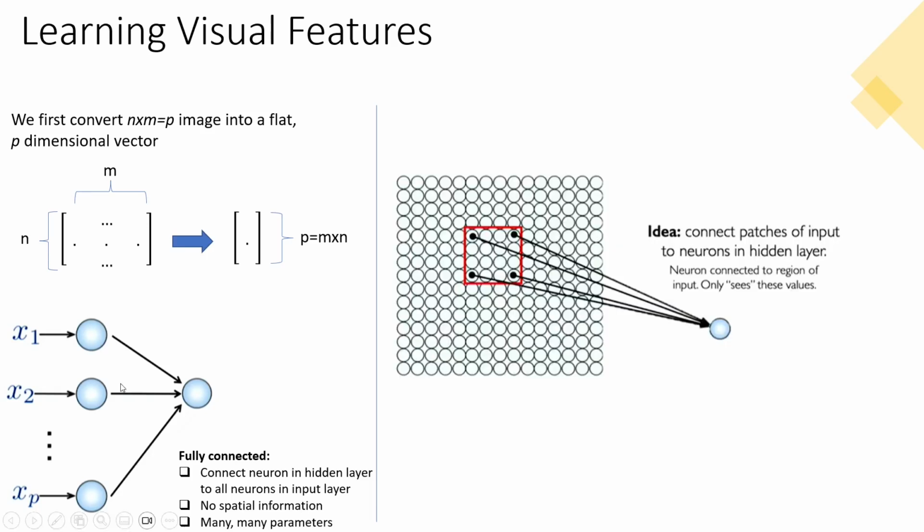So in order to preserve this, instead of converting this two-dimensional matrix into a one-dimensional matrix, we can use convolution on the input image to create convolution layers. Okay. So that's the idea behind convolutional neural networks.